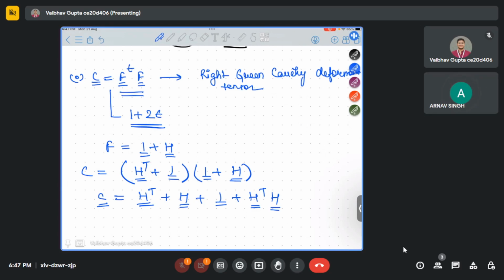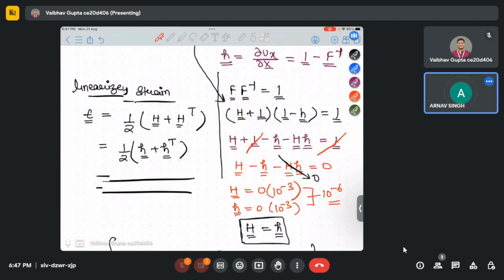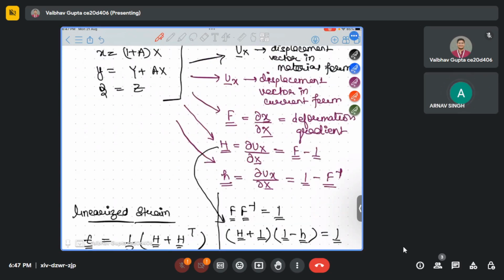See, the formula of C is this, and F we define like this. We have seen this here.